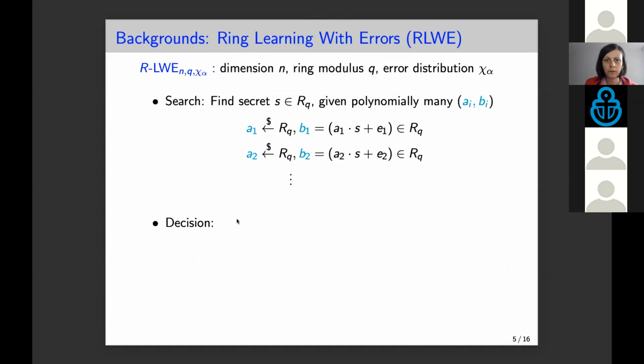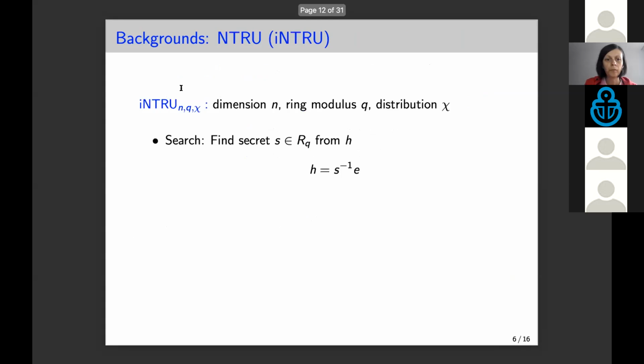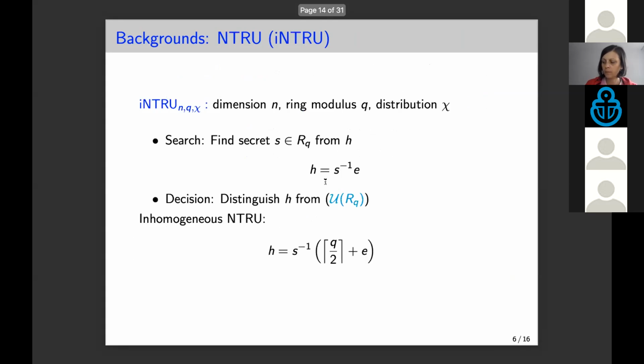In this talk, we construct a PKE and a KEM based on the ring LWE assumption, and another assumption, which we call the NTRU-like assumption, which is simply different from the NTRU assumption. We just add a q over 2 to the second term e.